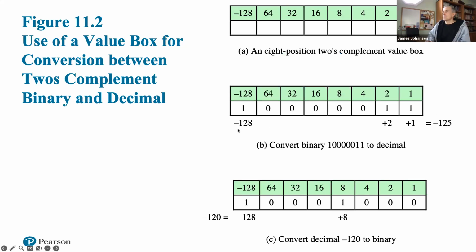And so here we have a negative number. We started to talk about some ways of converting numbers. If you have this, it means you have a negative component at 128, and then you add these other things. You add a negative number to positive numbers to get a result.